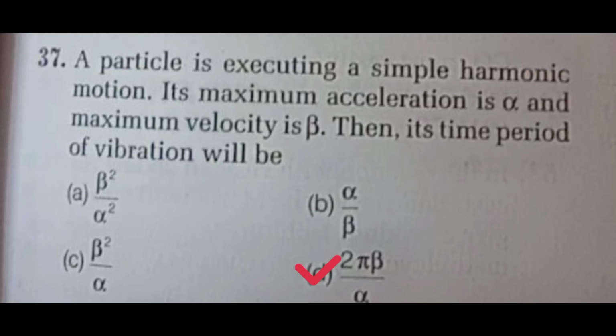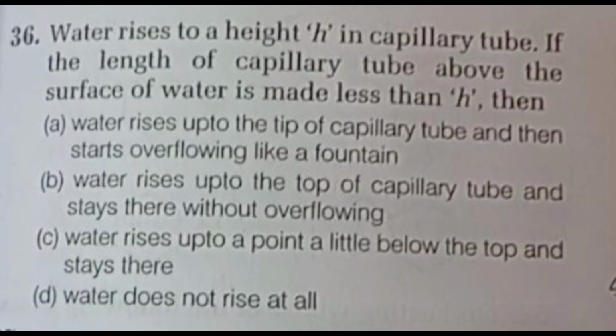The next one: water rises to a height h in a capillary tube. If the length of the capillary tube above the surface of water is made less than h, then the options are: water rises up to the tip of the capillary tube and then starts overflowing like a fountain; option B, water rises up to the top of the capillary tube and stays there without overflowing; water rises up to a point a little below the top and stays there; water does not rise at all.